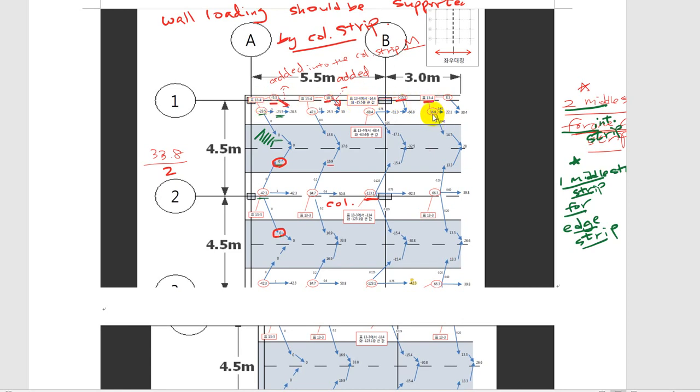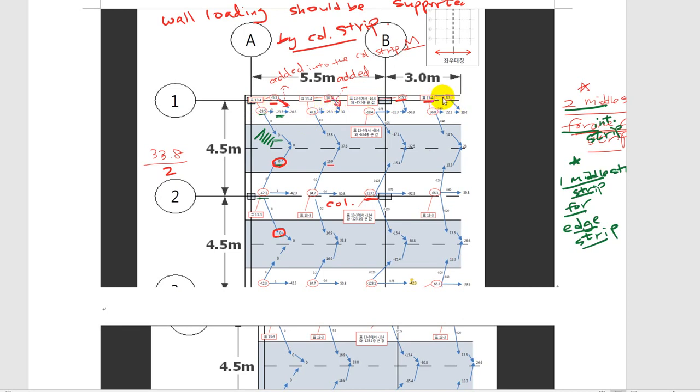And the positive one next goes in 60-40. You can do the same thing here. 60% is 22.1 and 40% represents 14.7, right? Okay, now we do this for both the interior strips and exterior strips.